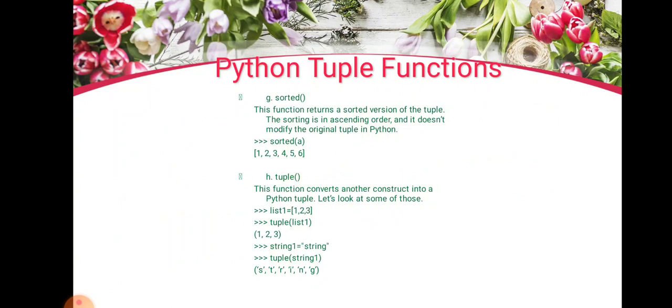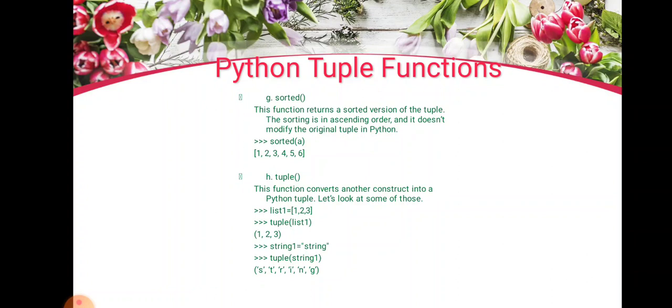Then the sorted function. If you use this sorted function, it gives the values in ascending order, in an arranged manner. The function returns a sorted version of the tuple which is in ascending order, and it doesn't modify the original tuple in Python.